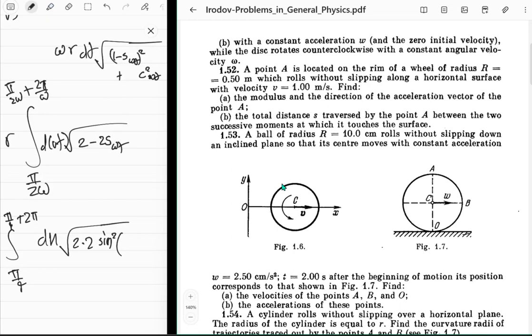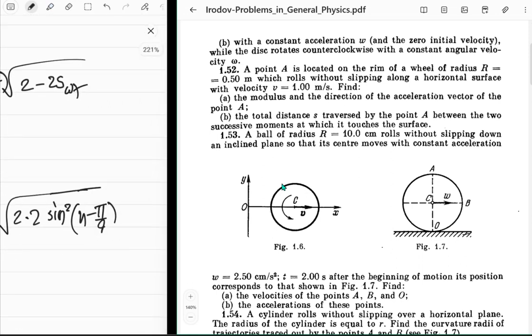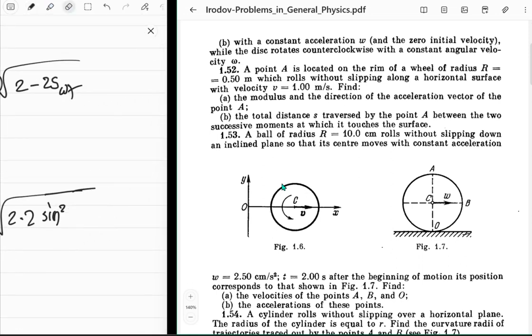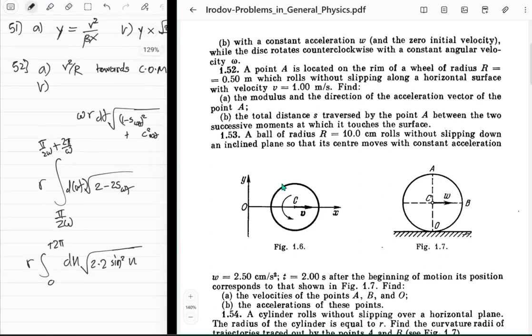Because it's sine squared, we can just write this as u minus pi by 4. It won't make a big difference. Now, u minus pi by 4 goes from 0 to 2 pi, and d of (u minus pi by 4) is still the same thing. So we'll just write it directly like this and cut out these. So this will be from 0 to 2 pi now.